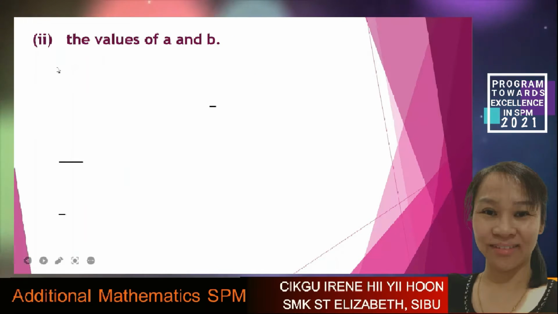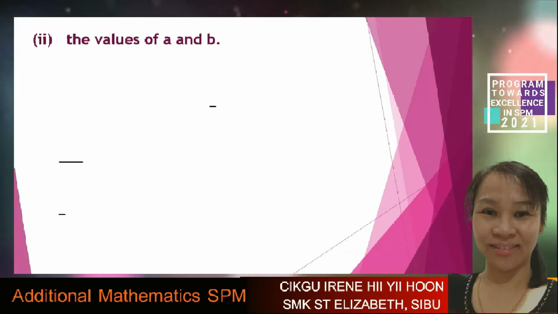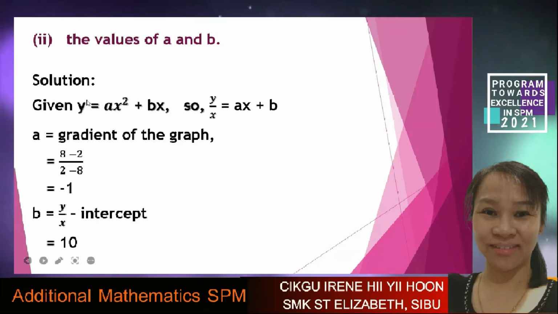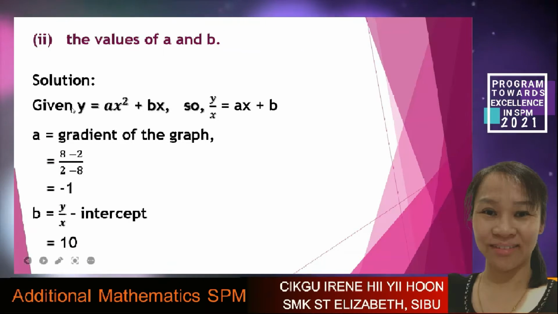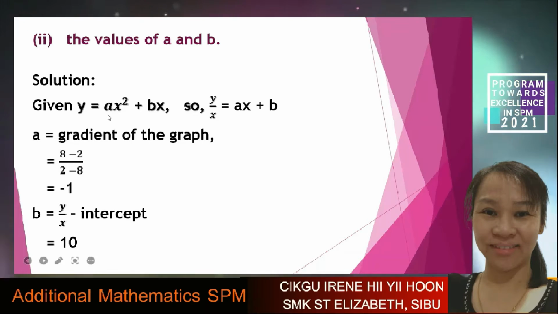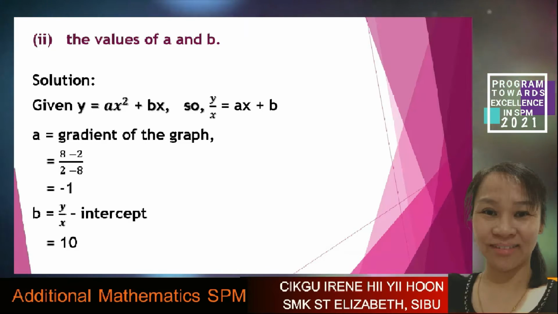Look at question B2. Find the values of a and b. So this is the solution. From the question, given that y equals ax squared plus bx.